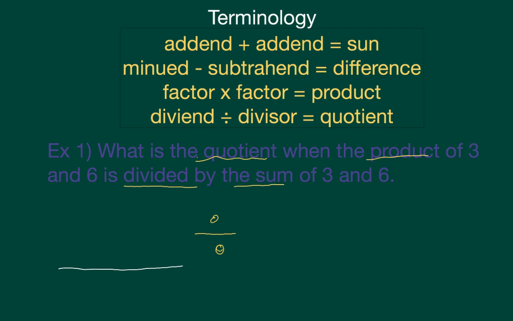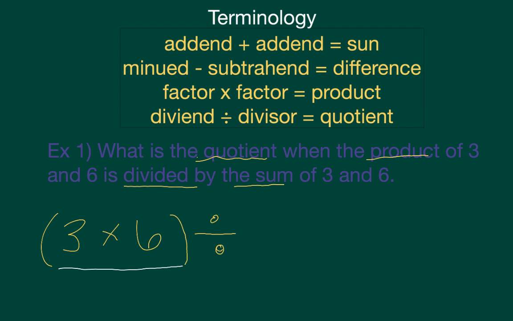It says when the product. Of course, when you look at the terminology, product is the answer of a multiplication problem. So we're going to have multiplication here. We'll put this in parentheses to separate the left side and the right side. The product of what 2 numbers? 3 and 6.